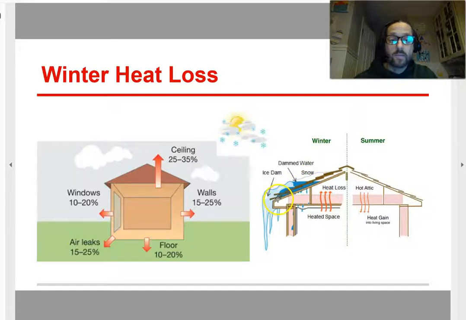And the problem is when that freezes in the gutter, it creates what's called an ice dam. When the other snow melts, it should run down in the gutter and run away from the house. But if you have solid ice in the gutter, it's going to be one of the last things to melt, and so it creates a little dam, and you can actually have liquid water build up in the gutter. And as we all know, water is really damaging to houses. That can cause some rot and so forth. So if there are icicles, that's a sign of an issue that you should take care of.